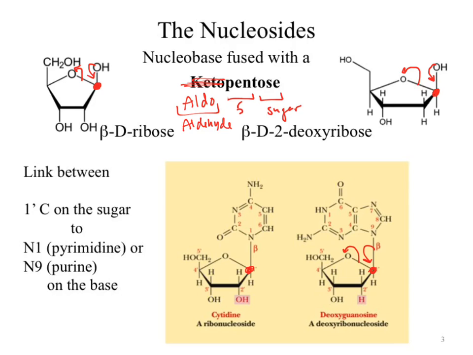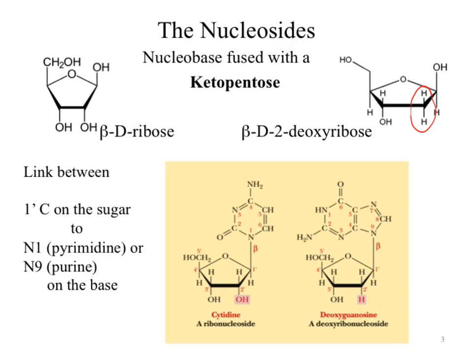The two common ones that you see are your ribose and deoxyribose. What is the difference between ribose and deoxyribose? Deoxy meaning no oxygen. We could push that a step further, and if you look at the name on that, it says 2-deoxy, meaning at position 2, we've removed the oxygen.